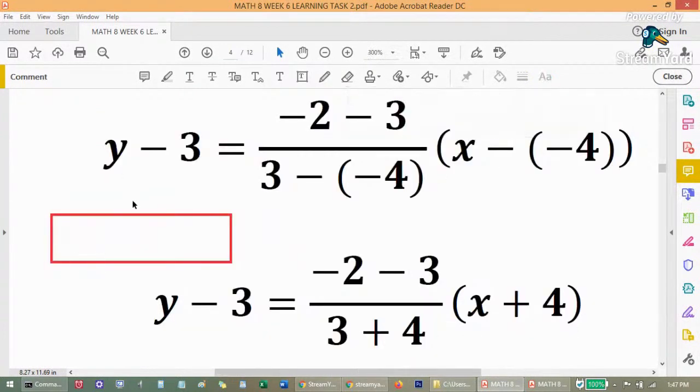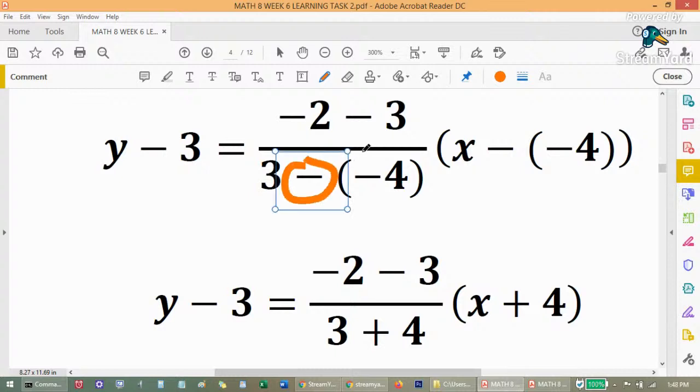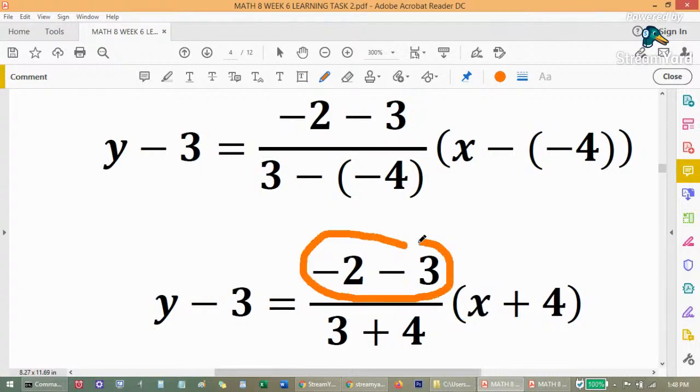Ano ibig sabihin ng negate? Itong minus sign na to ay babaliktarin niya lahat ng sign dito sa loob ng parenthesis. Okay, lahat ng sign dito sa loob ng parenthesis, babaliktarin niya to. So, itong negative 4 ay magiging positive 4. Okay? So, ito ay kinopya lang natin. Pero dapat pwede na natin gawing negative 5 to, no?